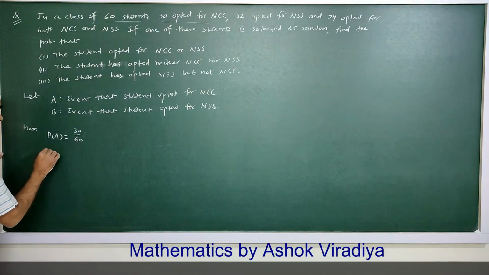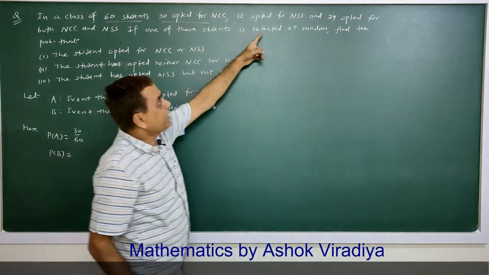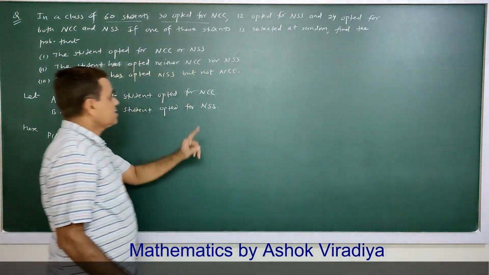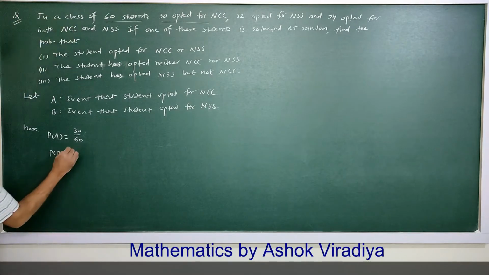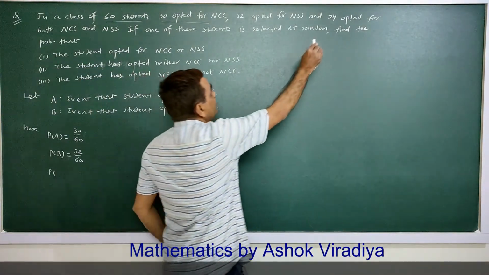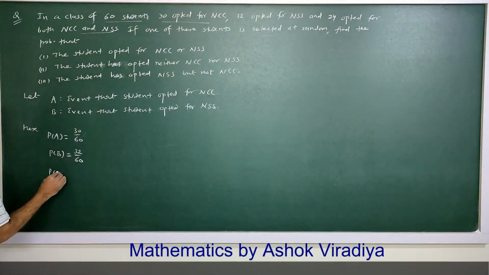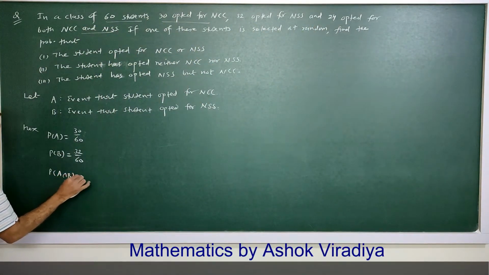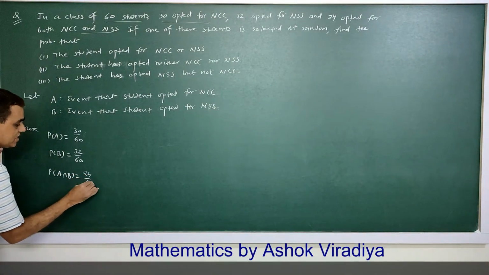Probability of B: 32 opted NSS, so 32 out of 60, that is 32 by 60. Probability that 24 opted both NCC and NSS, that is A intersection B, is 24 upon 60.